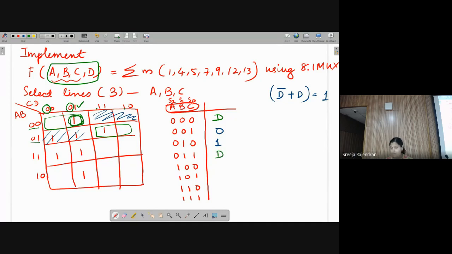So it is D. Next, 100. These two cubes fall into that group. Here the value of D is 1, so again it is D.